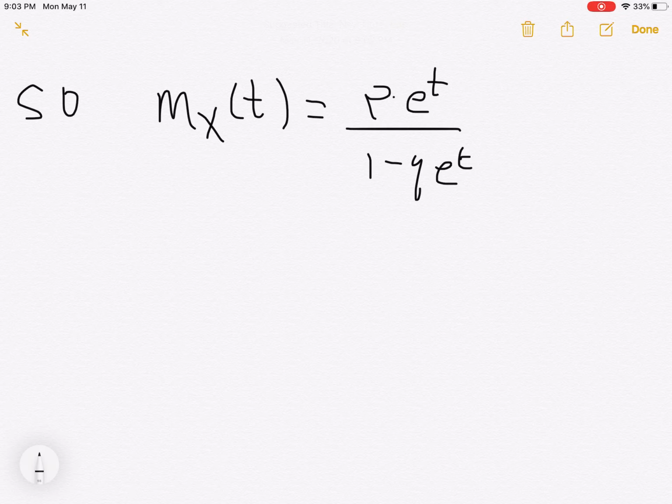Now, in order to compute the expected value, all we have to do is take the derivative. And to differentiate this quantity, we have to use the quotient rule. Well, good thing we remember that from Calculus 1.